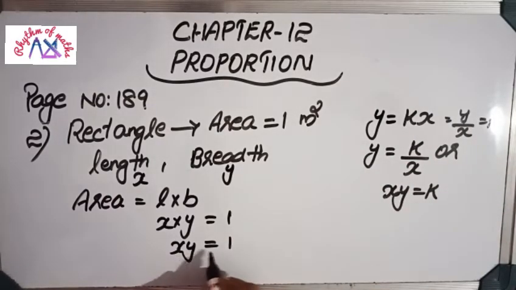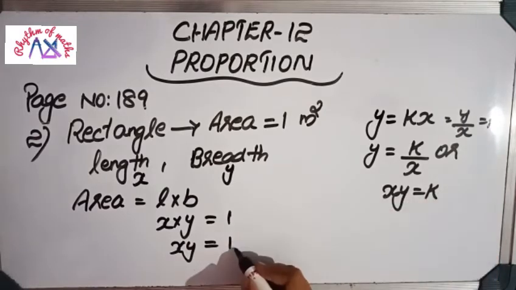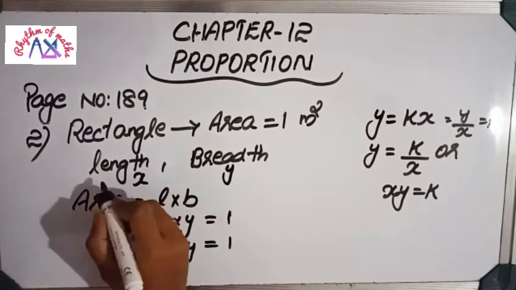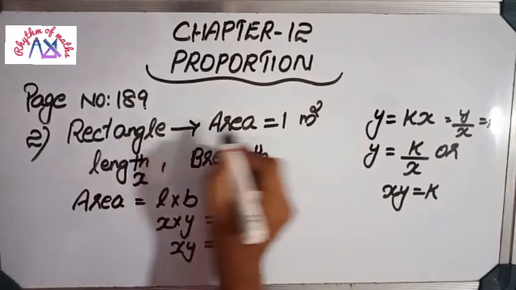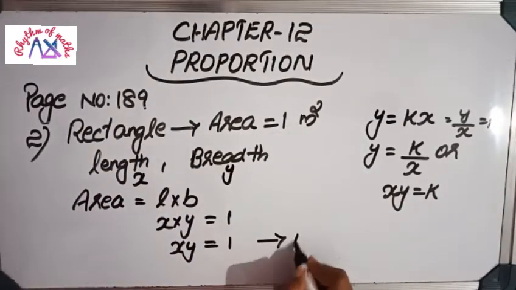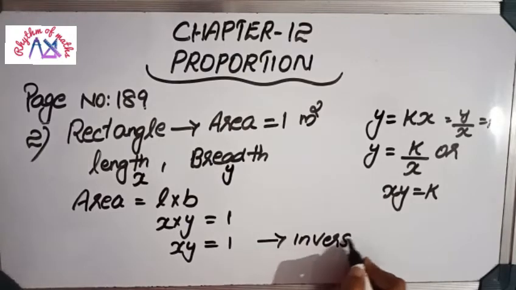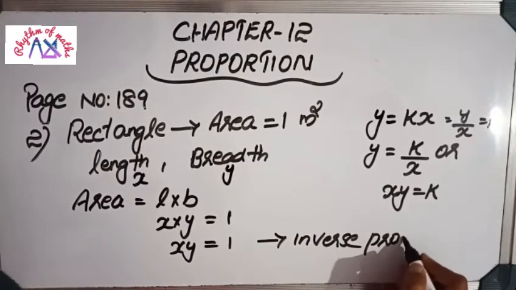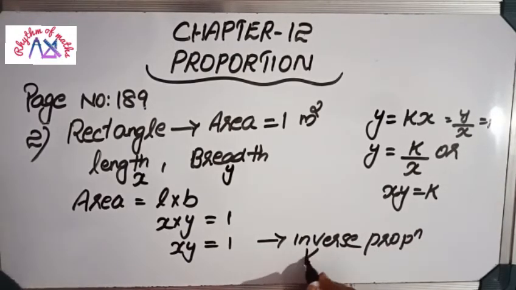Okay, that means xy equal to a constant number, that is 1 here. So here length and breadth of rectangle of area 1 meter square is in inverse proportion. Okay, it is in inverse proportion. And what is constant of proportionality here? Constant of proportionality k is 1. Okay, so this is second one answer.